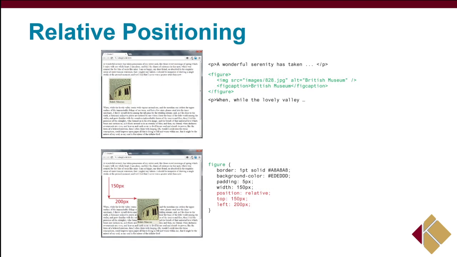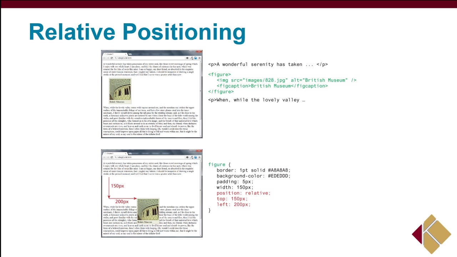So this is an example of relative positioning. The first one is your default. So it is statically positioned, because remember, static is the default, between the two paragraphs. The next one is a relative position relative to the top of the next element.